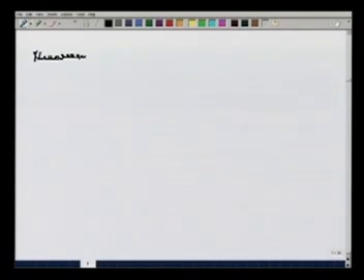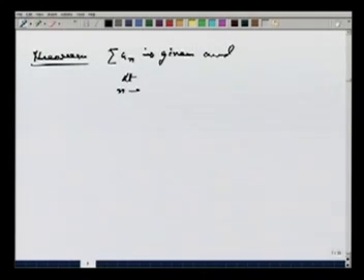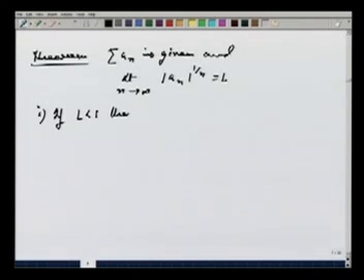So I write it as a theorem. Summation a_n is given and limit n going to infinity modulus of a_n whole to the power 1 by n equals L. Then if L is less than 1, then the series converges.